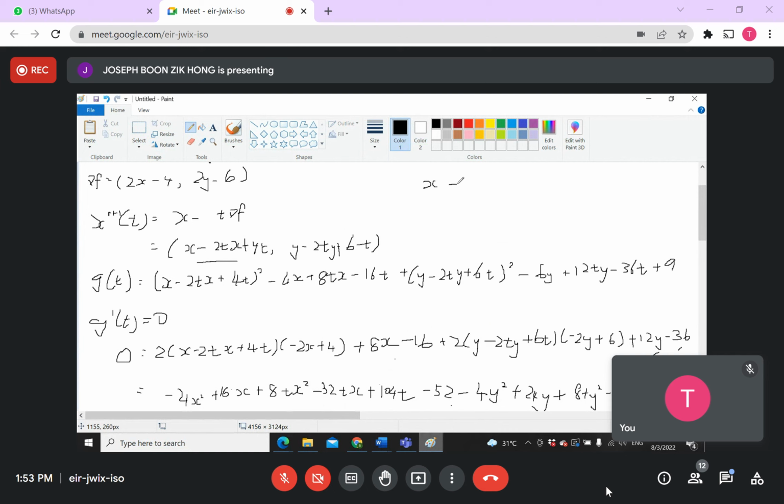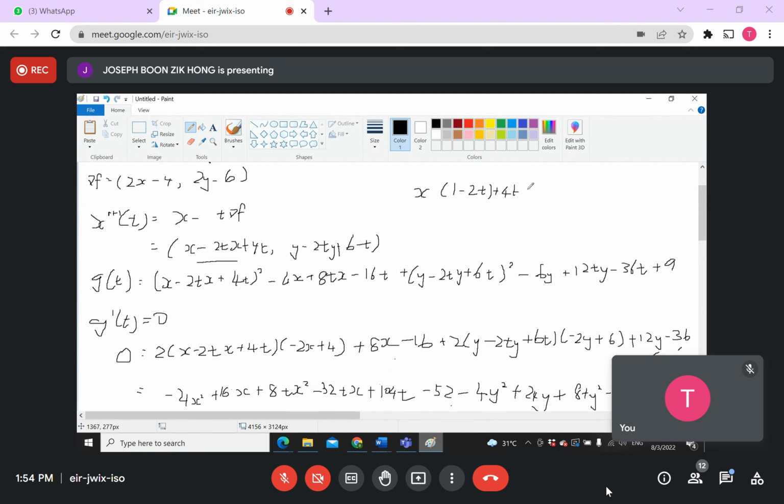x minus 2t, x plus 2x plus 4. Let me think, which one is better? I want to take out the x. Okay, take out the x. 1 minus 2t and then plus 4t.